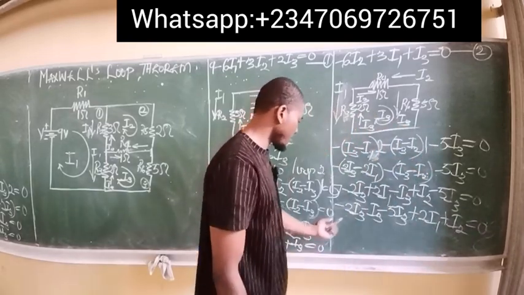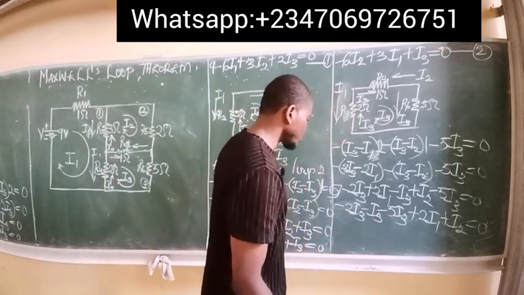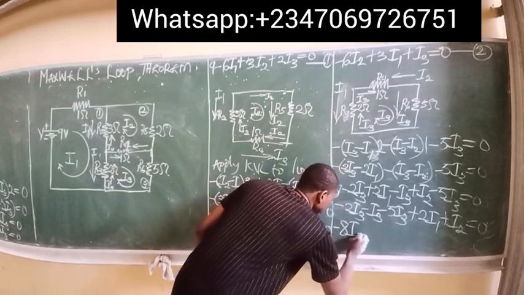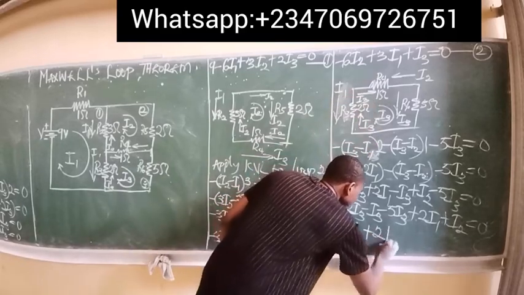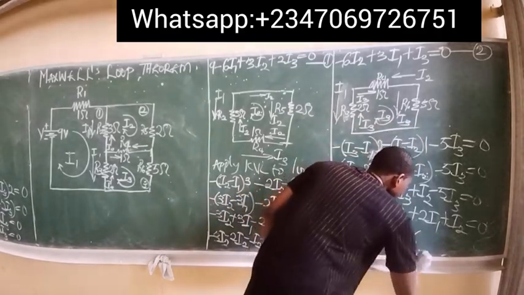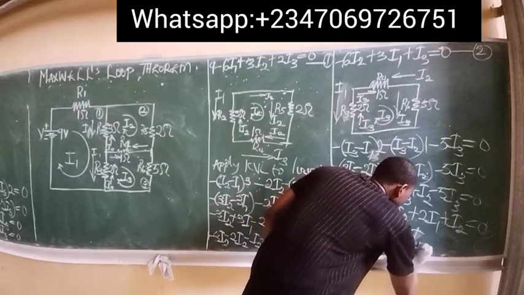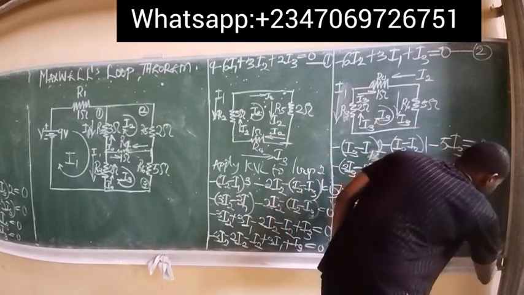And if we do this, minus 2, minus 1, minus 5 gives us minus 8I3. So I have minus 8I3, plus 2I1, plus I2, and this is equal to 0. So simply call this equation 3.